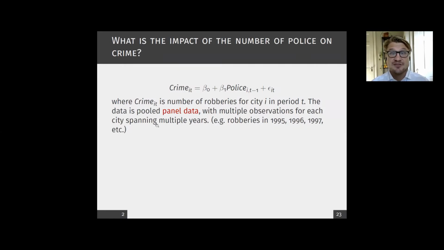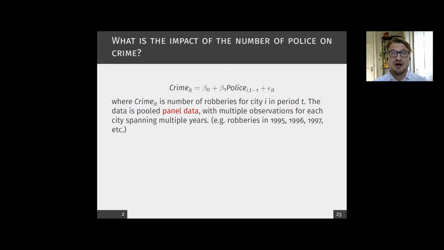Let's say you want to estimate the impact of the number of police in a city on the crime rate. And now what is very important here is that we have the subscript IT. I refers to the city I and T refers to the period T. And we have panel data because we have multiple observations for the same city.